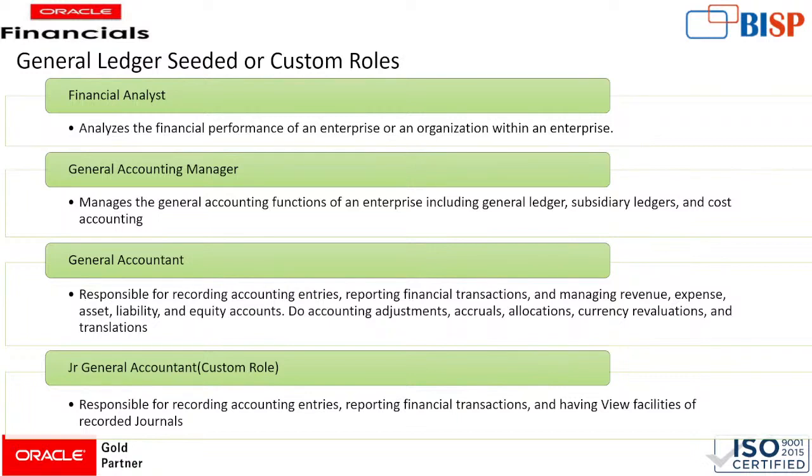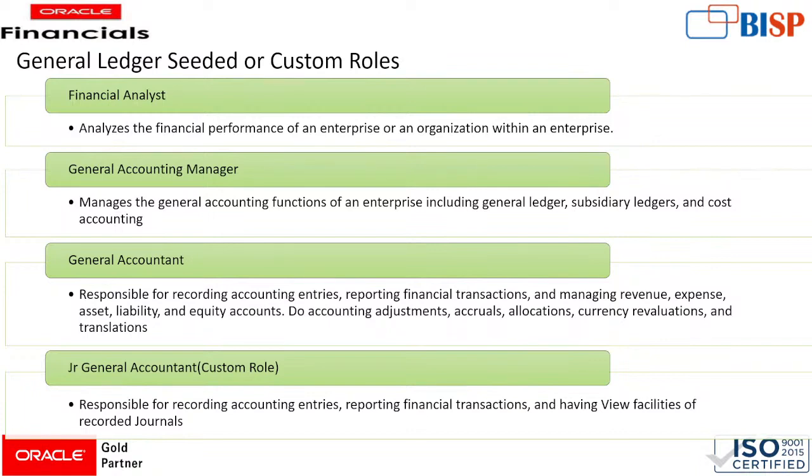So I have customized that general accountant role, removing the delete and edit facilities from the role, and created a name, that is BISP Junior General Accountant role, right? I will show it in the application also. And there is a seeded role, general accountant.